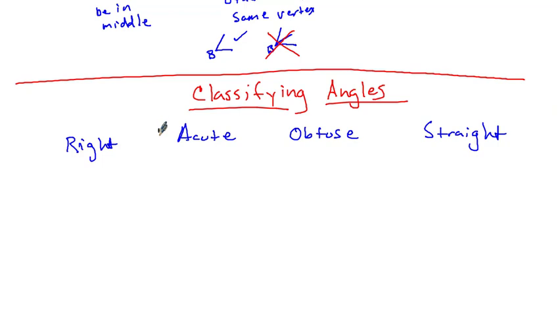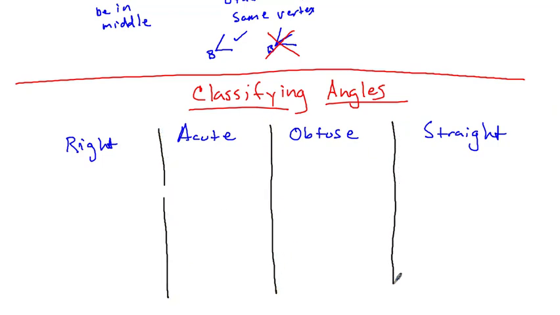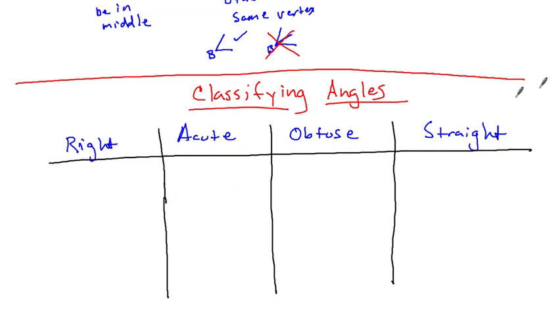All right, and we're going to make some little notes about each of these. I know you already know what these mean, but we're going to make some little notes anyway. So, a right angle, it looks like this.